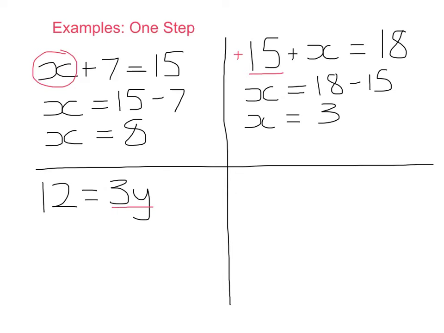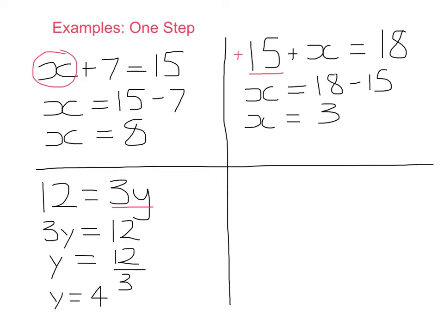So if 12 equals 3y, we can write that the other way around: 3y equals 12, if that makes a little bit more sense to you. Then, we do the inverse. So, 3 multiplied by y, the inverse of multiplication is division, so y equals 12 divided by 3. 12 divided by 3, 4.